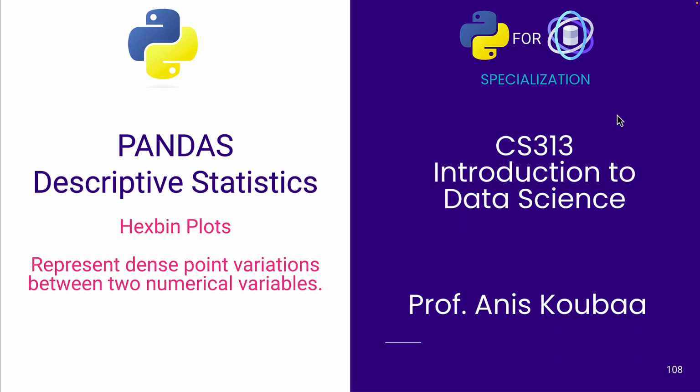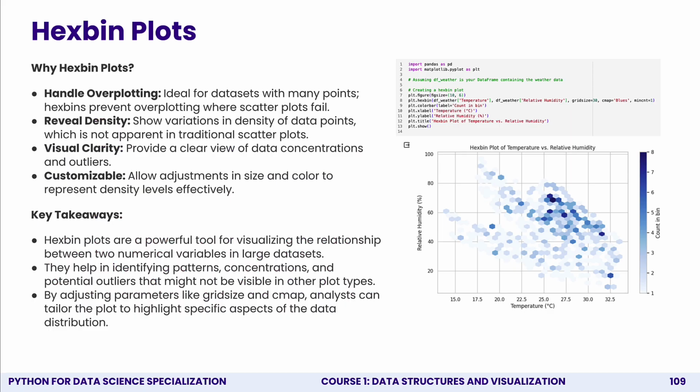Hexbin plots are also very important, and they represent dense point variation between 2 numerical values. It's like a scatter plot, but this one is more useful. Why? Because in a scatter plot, you can have a concentration of points very close to each other, and it becomes cumbersome. Here, instead of having different points in the same place, we can play with the density, which means how many points I have at this location.